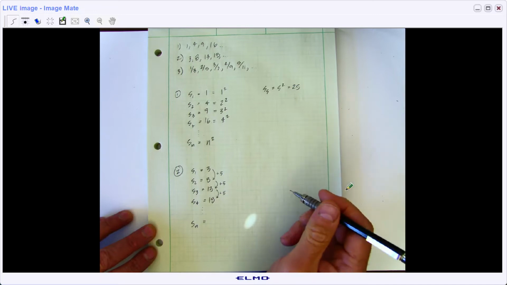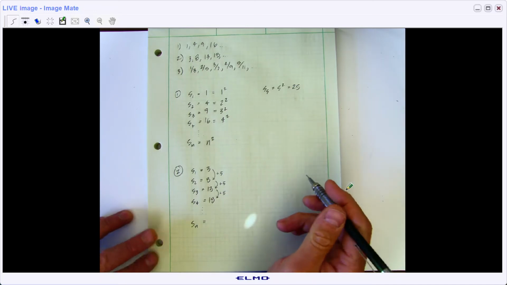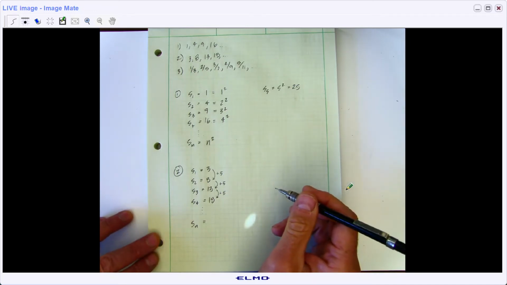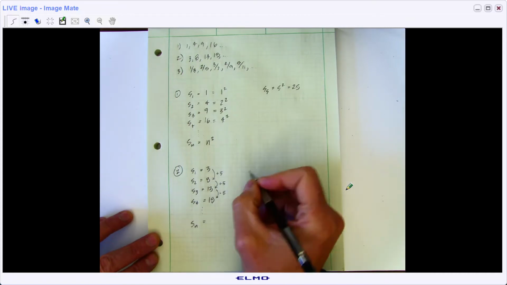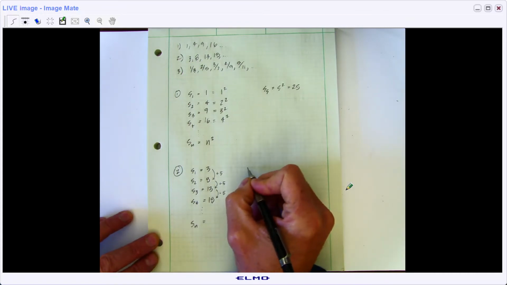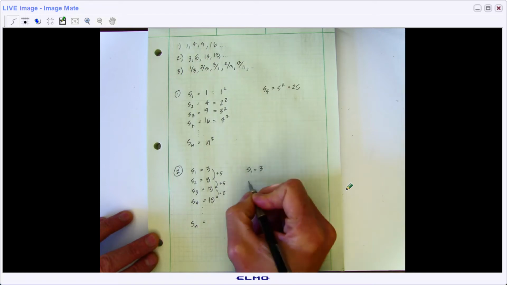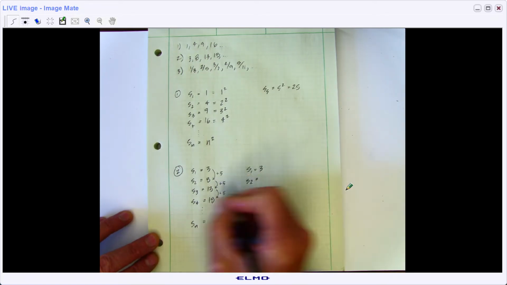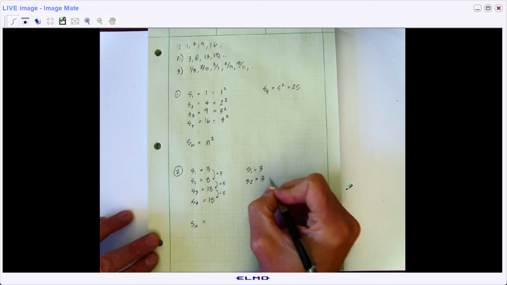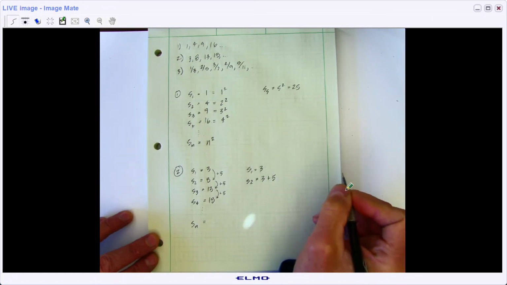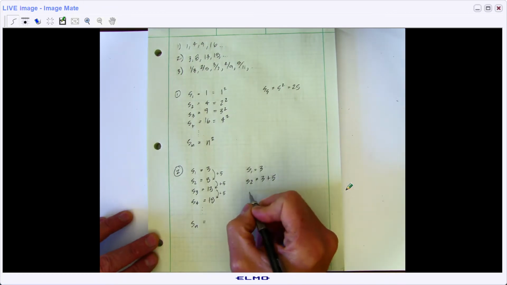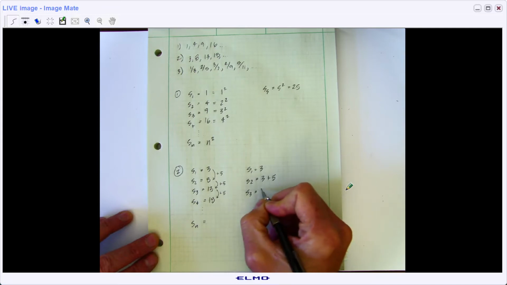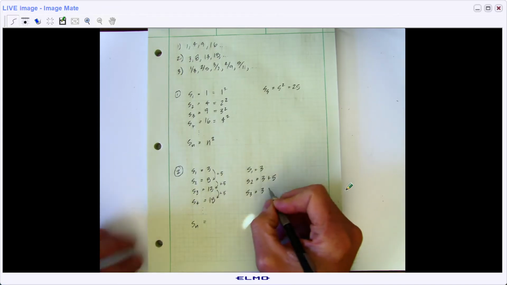So if I'm adding 5, I could rewrite the second term as the first term, 3 plus a 5. And we could write the third term as the first term, 3 plus 2 5s.